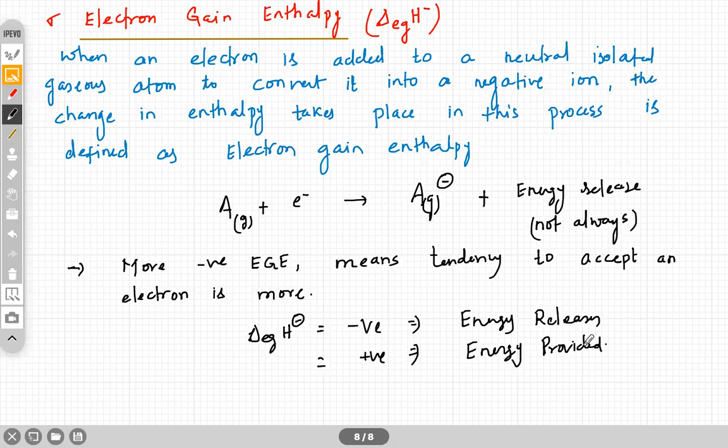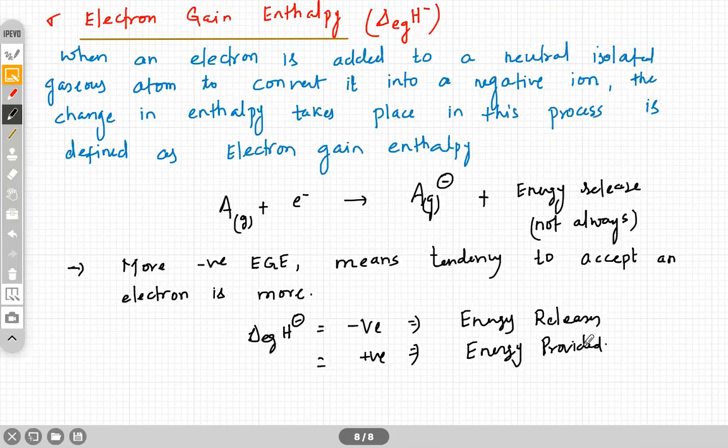Next, write down electron affinity of an atom.